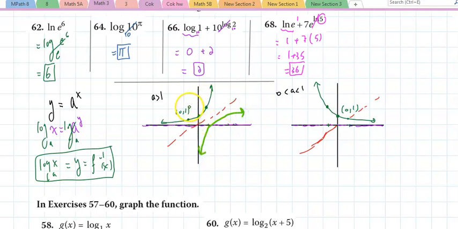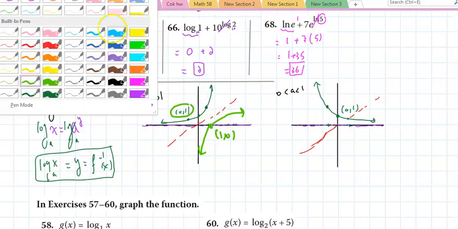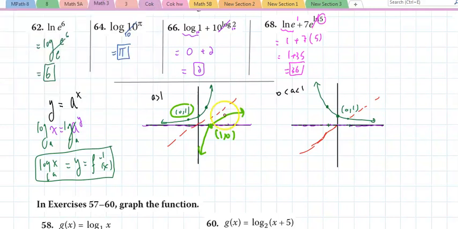If I take the point 0, 1, switch x with y, that becomes 1, 0. And the important aspect, if I take y equals 0, switch x with y, that becomes x equals 0.